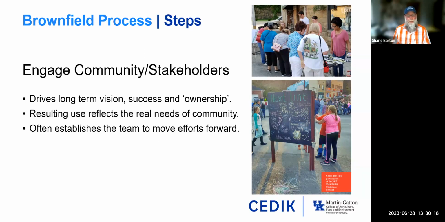But also things as simple as our Chalk and Talk, a mobile chalkboard that allows community members to share in real time their visions and desires for the future. So, these are just a couple examples of some really creative ways to engage communities. But if you're interested in learning more about that, please reach out to us.